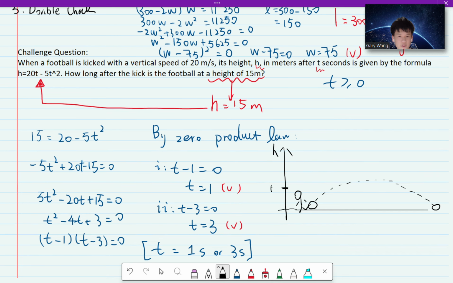At a height of 15 meters, it would actually intersect the trajectory of the football at 2 points. One right here and one at here.